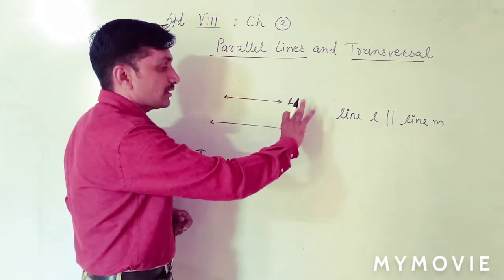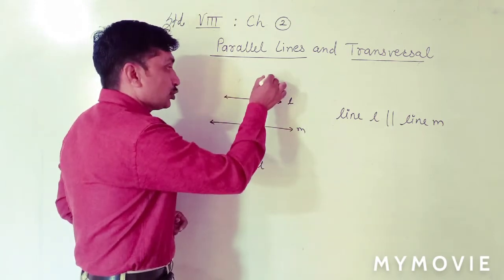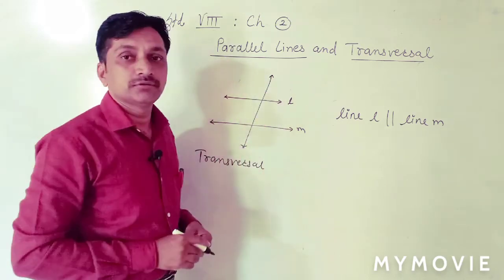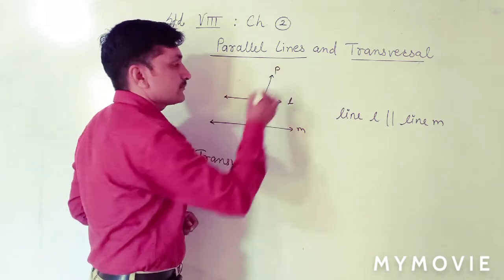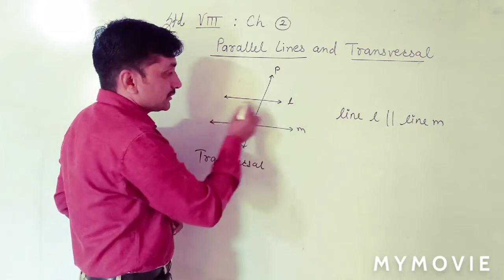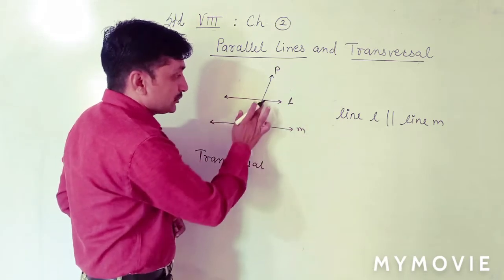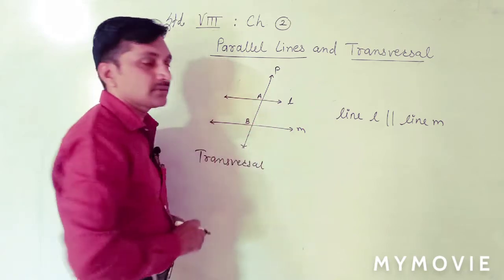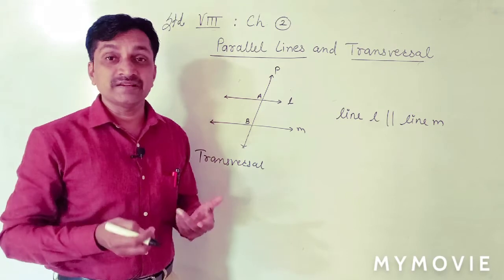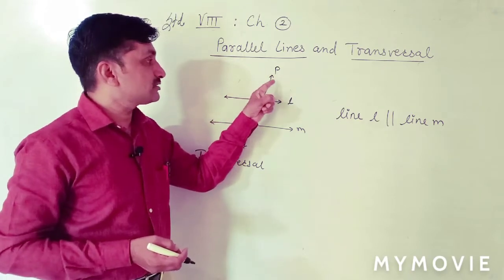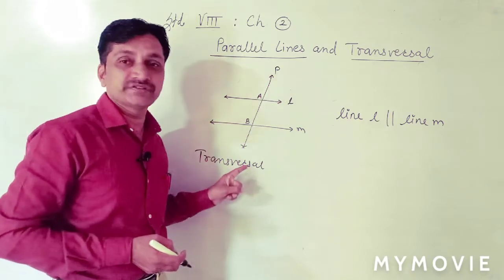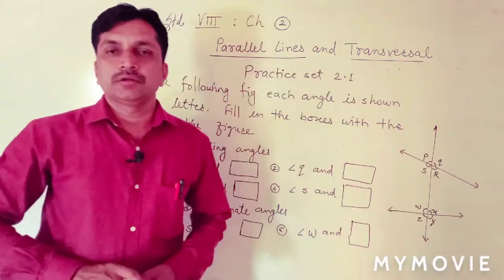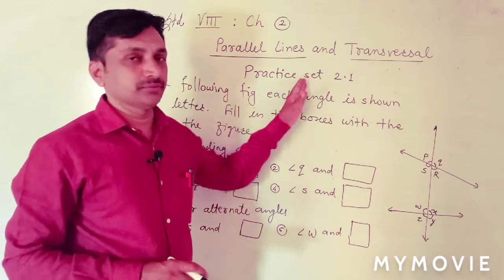Now suppose these two are lines L, M and one more line I draw here. This is line P, and this line P intersects L and M in two different points, here is A and here is B. Which line is intersecting? Line P, and that's why this line P is called the transversal of line L and line M.